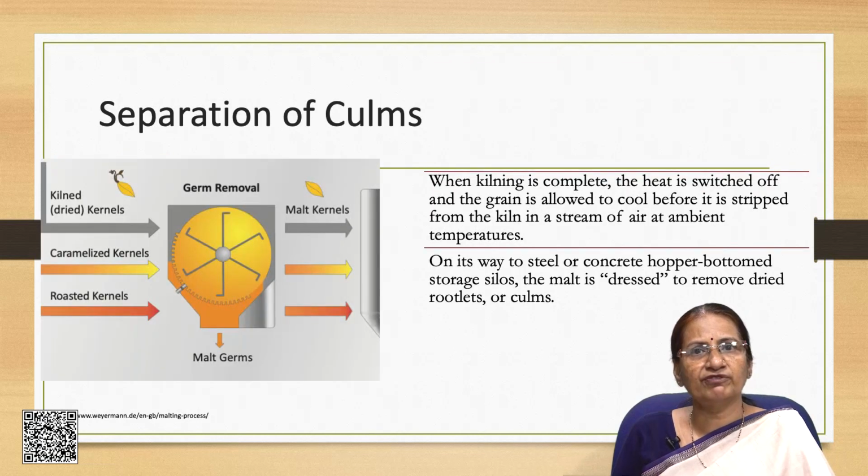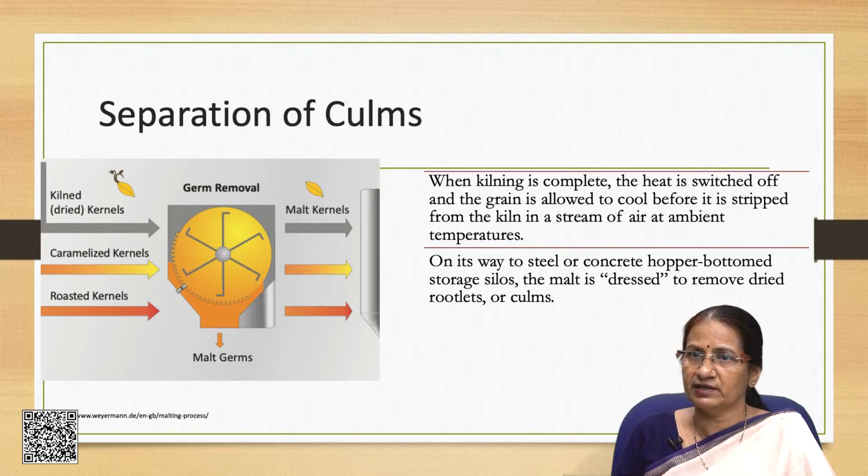Now, separation of culms. When kilning is complete, the heat is switched off and the grain is allowed to cool before it is stripped from the kiln in a stream of air at ambient temperatures.